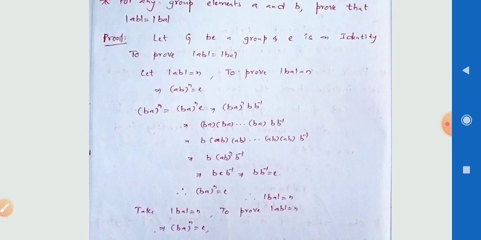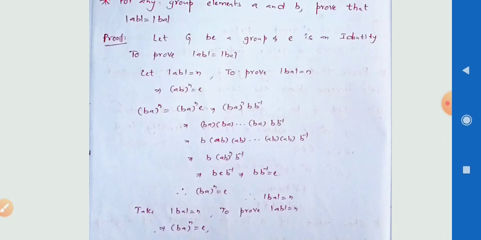Here (BA) power n is equal to (BA) whole power n into E, where I have written E as B into B inverse. (BA) whole power n means BA into BA into BA, up to n times.